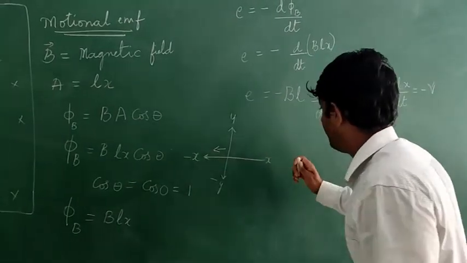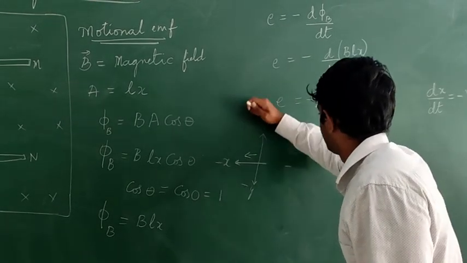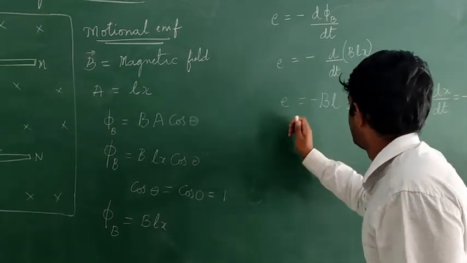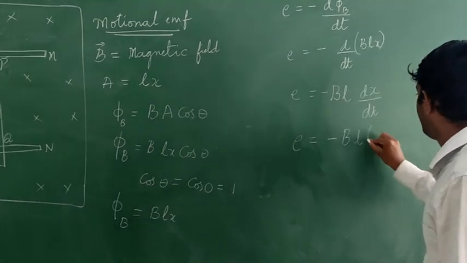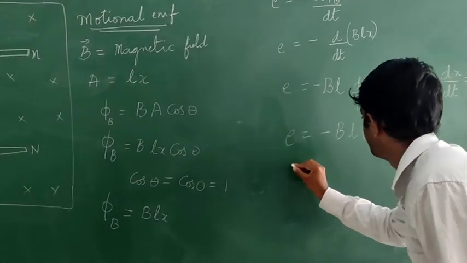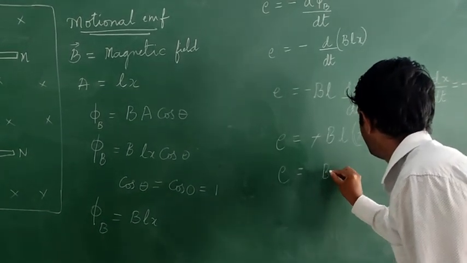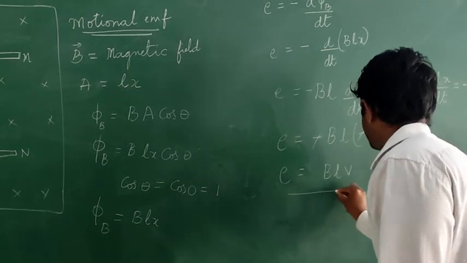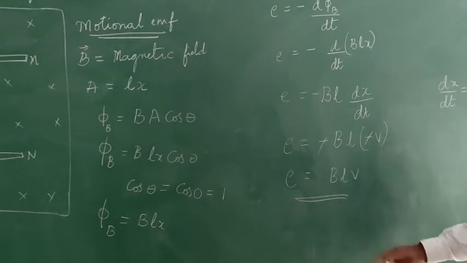Now E is equal to minus BL into minus V. The negatives cancel, so E is equal to BLV. This is the expression for motional EMF of the conductor.